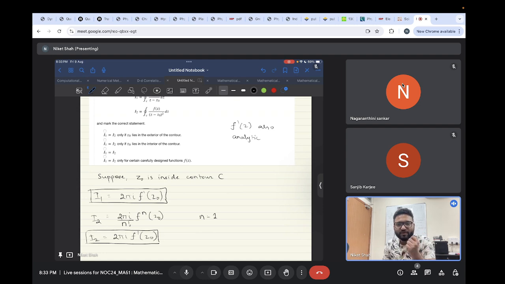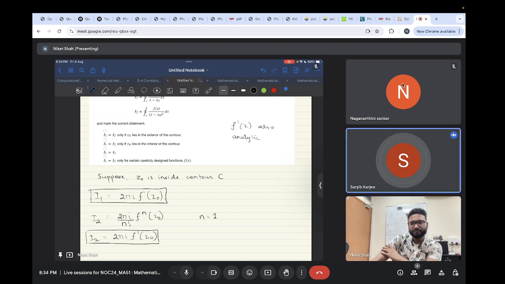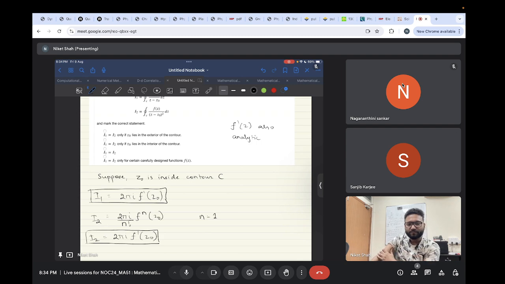Now when z0 is outside, in that case what happens? Are they equal or not? Both are 0, exactly.